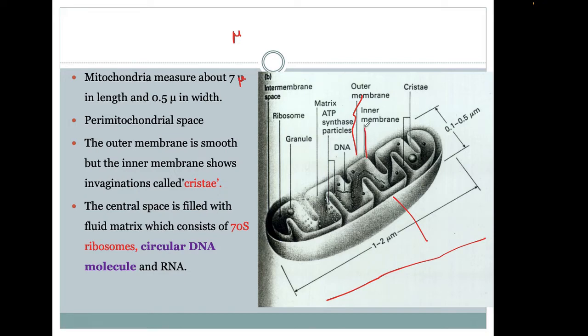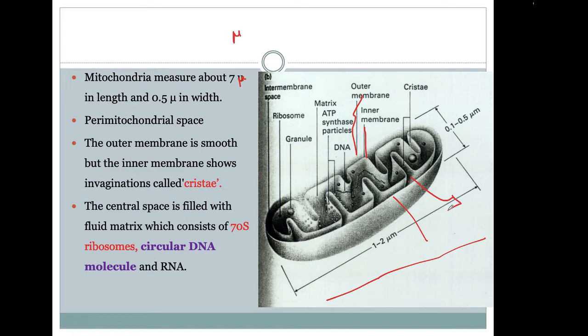In between these two layers the perimitochondrial space is present.